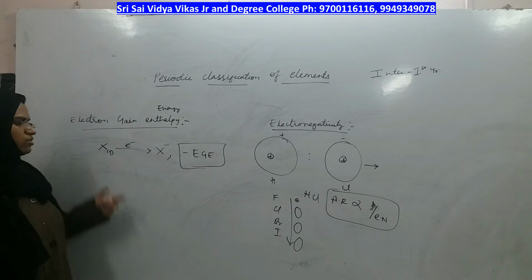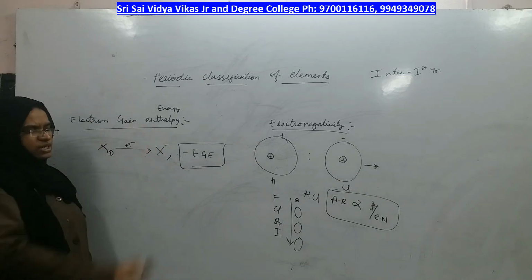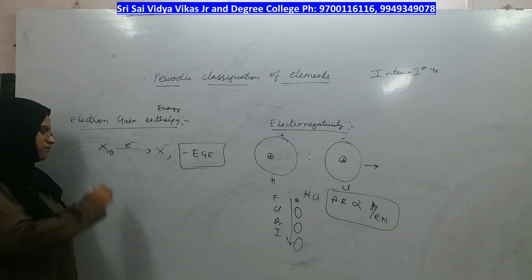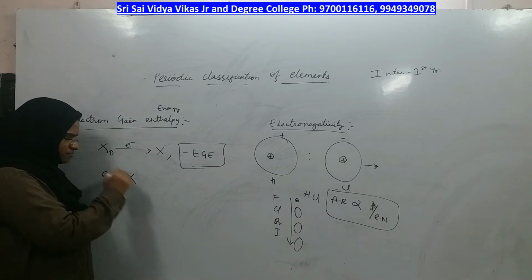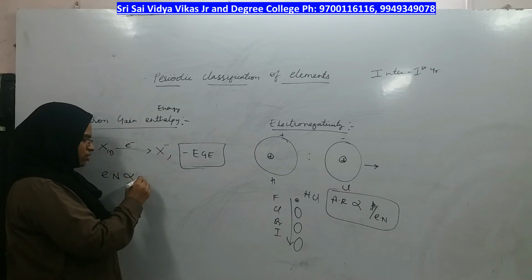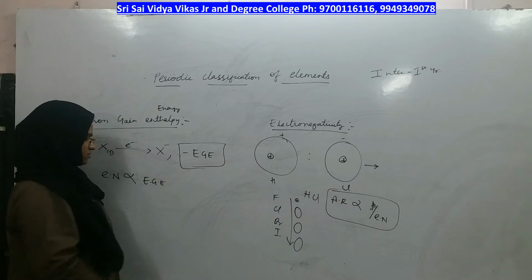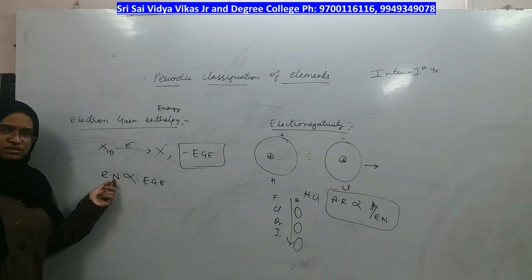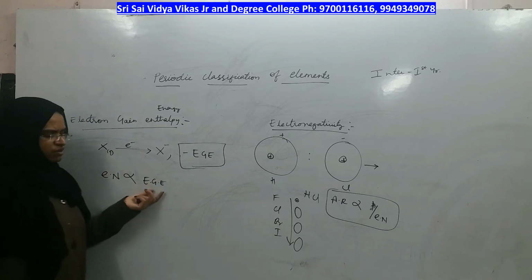Electron gain enthalpy depends on electronegativity. If the electronegativity of the atom is more, it easily accepts the electron and releases more electron gain enthalpy.